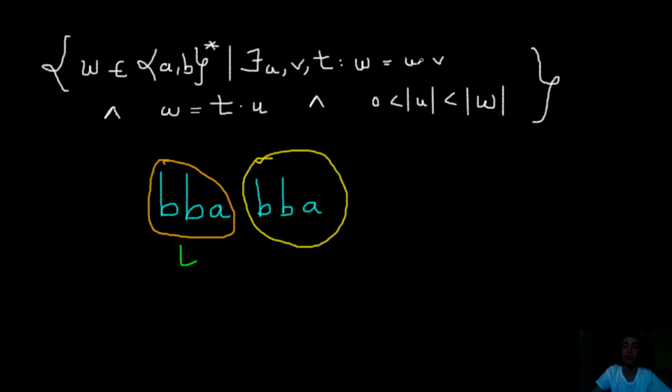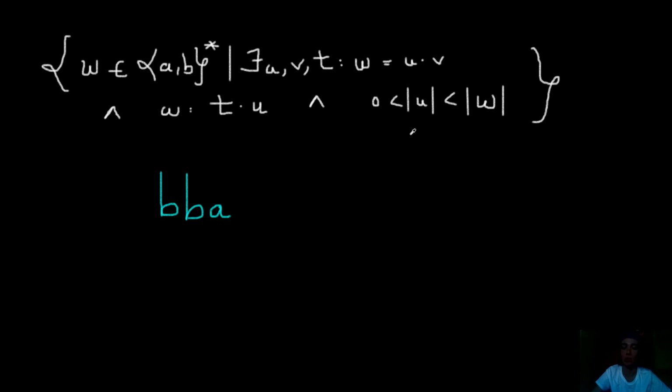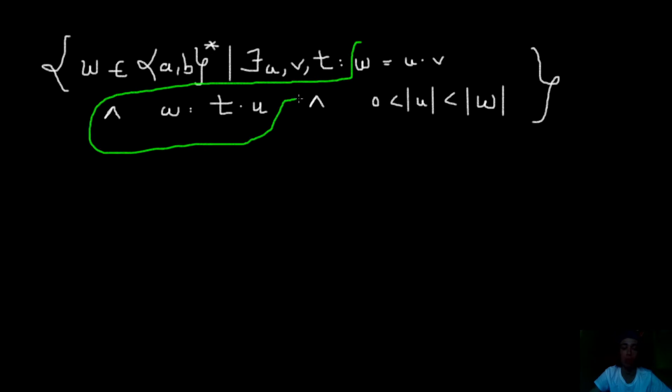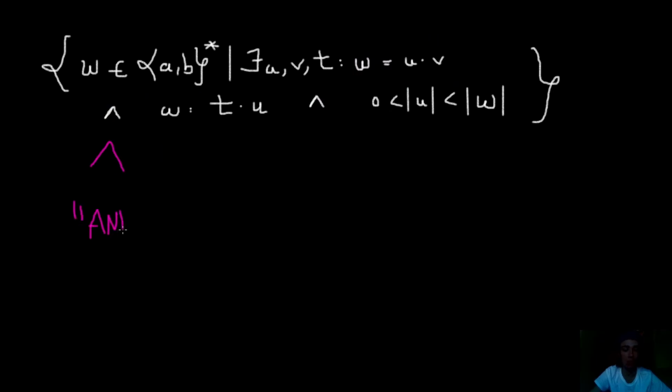Since u is a subword that can be a suffix and a prefix, in fact, this subword must be a suffix and a prefix, because here we have the AND operator. Remember that this is the AND logic operator.